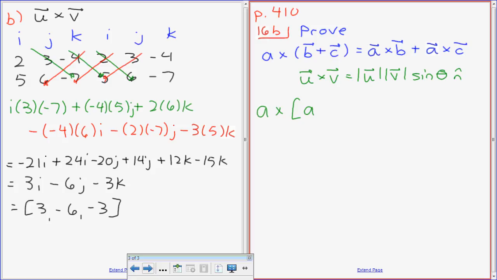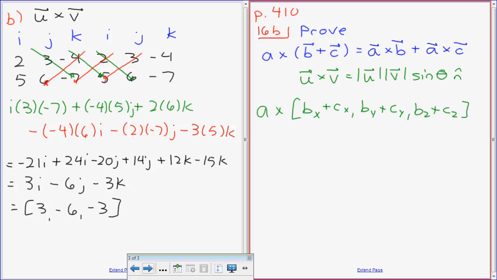This is what you'd end up doing then. And then you'd have to do the crossing, so that would be a big long mess. And then you'd have to do it the same way over there.